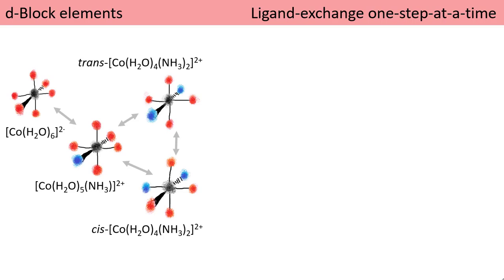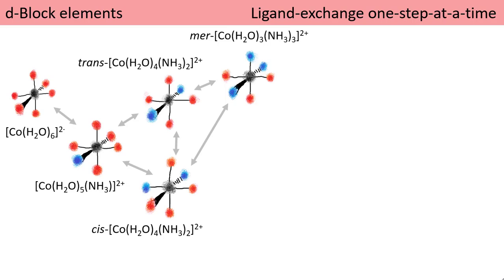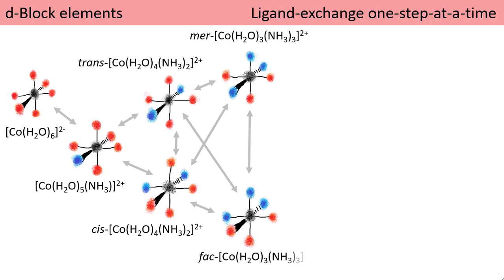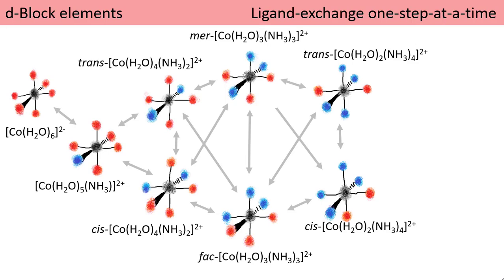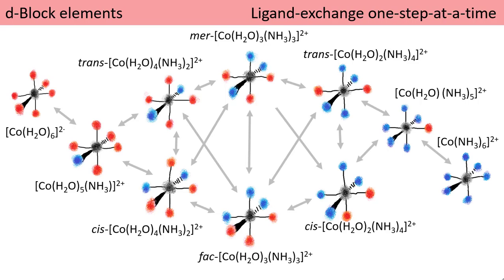The process goes on. You can swap a third water molecule for ammonia, and again there are 2 different isomers. And there are 2 more isomers for the coordination complex with 2 water molecules and 4 ammonia ligands. But you may notice there is some symmetry in this process. With just 1 water molecule and 5 ammonias, there is just one possible structure.